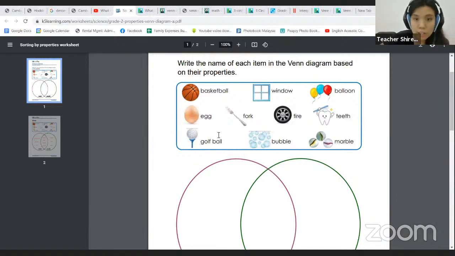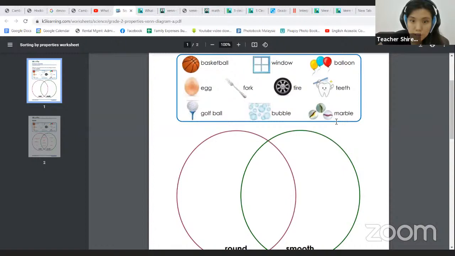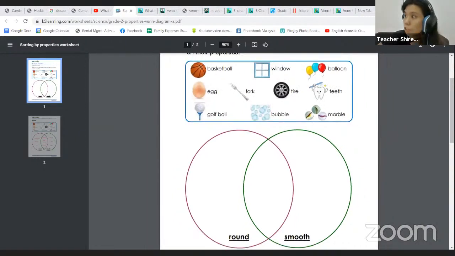Let's say for example over here, let me make it smaller. Can you guys see? Is it too small? Still good, right? Okay, in this Venn diagram, one circle represents anything which is round, and the other represents everything which is smooth. Let's say, for example, a basketball. Is it round?